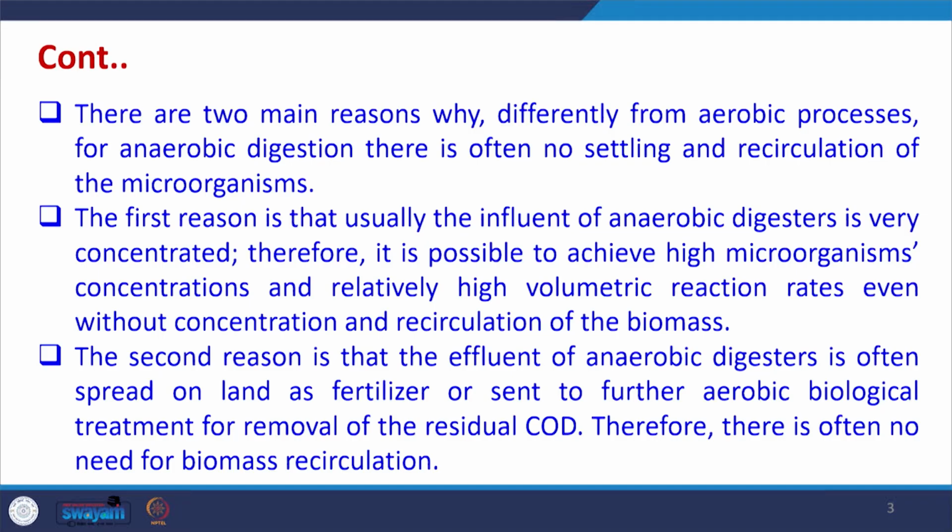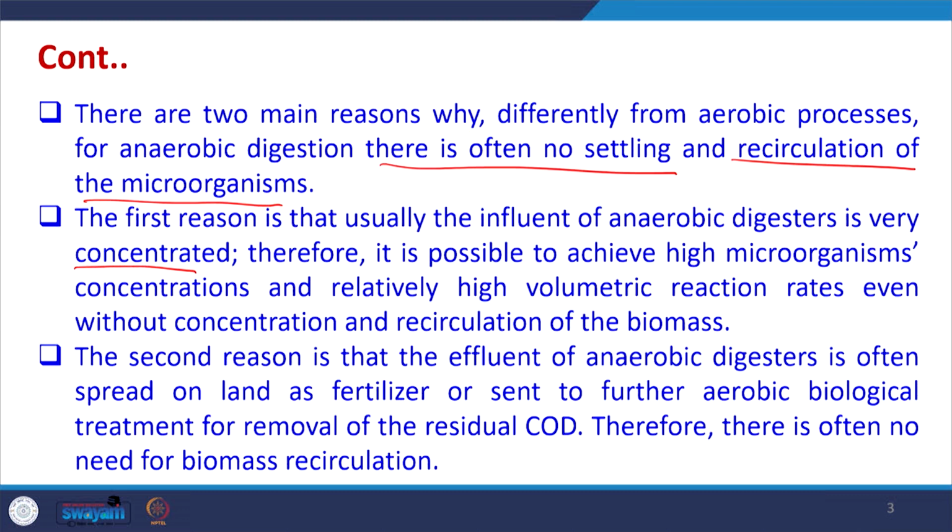There are two main reasons why, differently from aerobic processes, in anaerobic digestion there is often no settling and no recirculation of the microorganisms. The first reason is that the influent of an anaerobic digester is very concentrated. That means we use only those wastewaters which contain a very high organic load, so that we can get enough biogas.